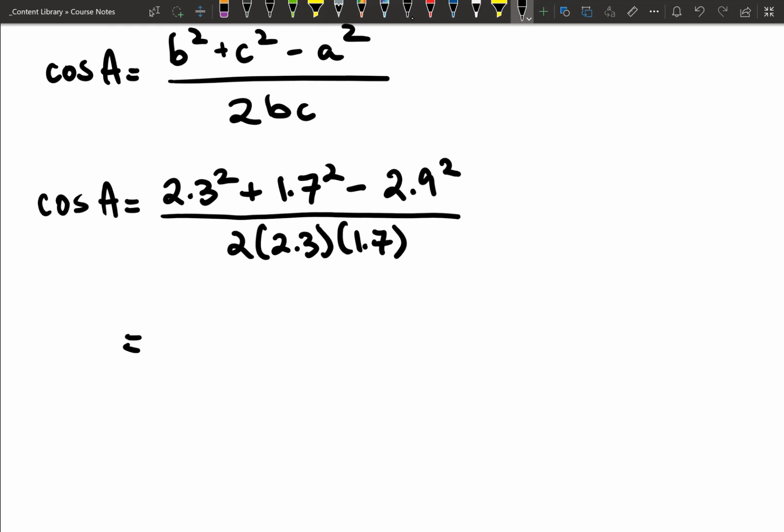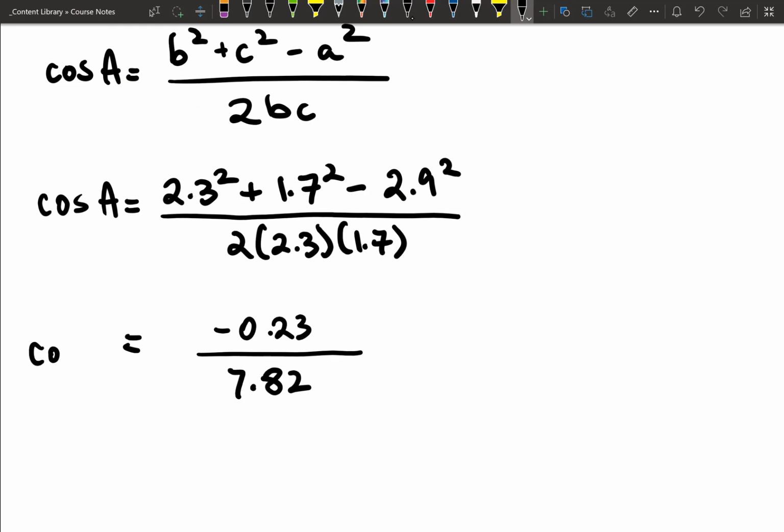If we do the top, 2.3 squared plus 1.7 squared minus 2.9 squared, we get the top is going to become negative 0.23. And negative numbers can sometimes come from this. And then on the bottom, we have 2 times 2.3 times 1.7, and that's 7.82.